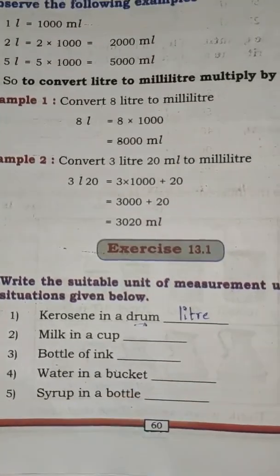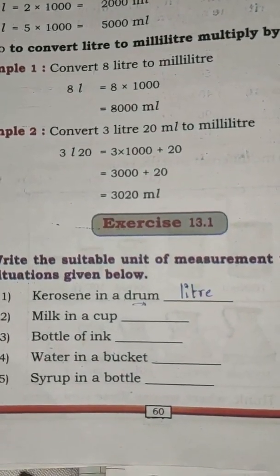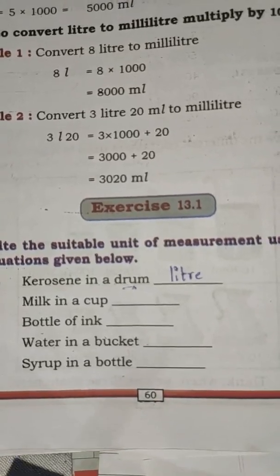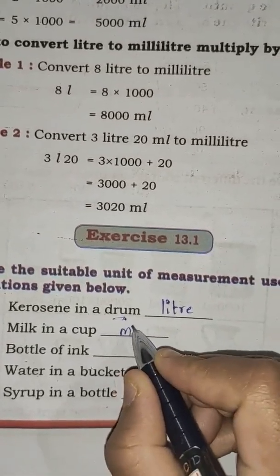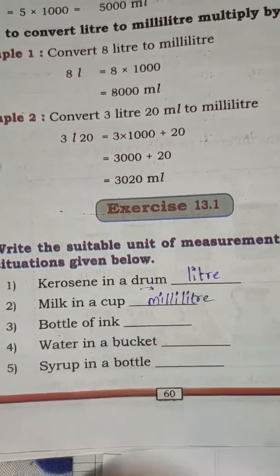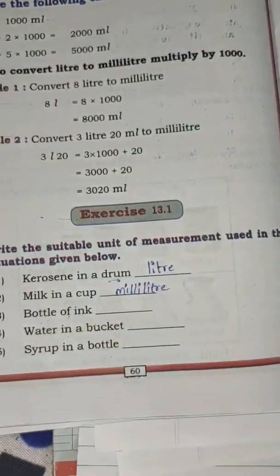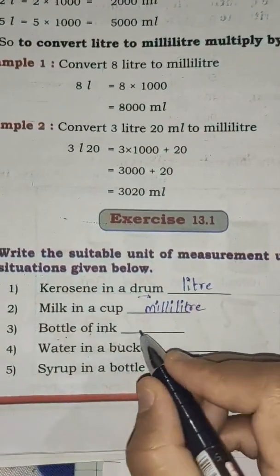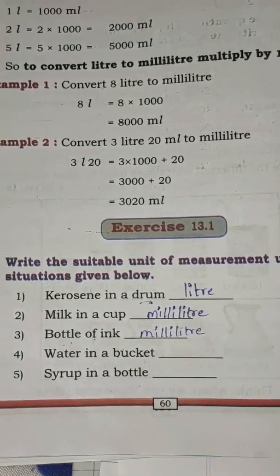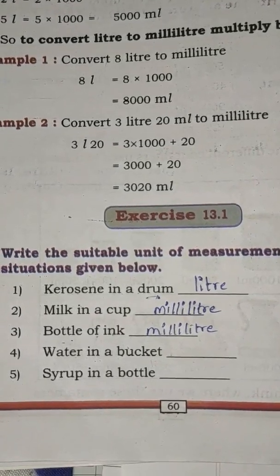Next, milk in a cup. Is it a large quantity or small quantity? Yes, small. Milk in a cup, so we'll write milliliter. Next, bottle of ink. Yes, very good. Milliliter, because it is a very small quantity. Next, water in a bucket.